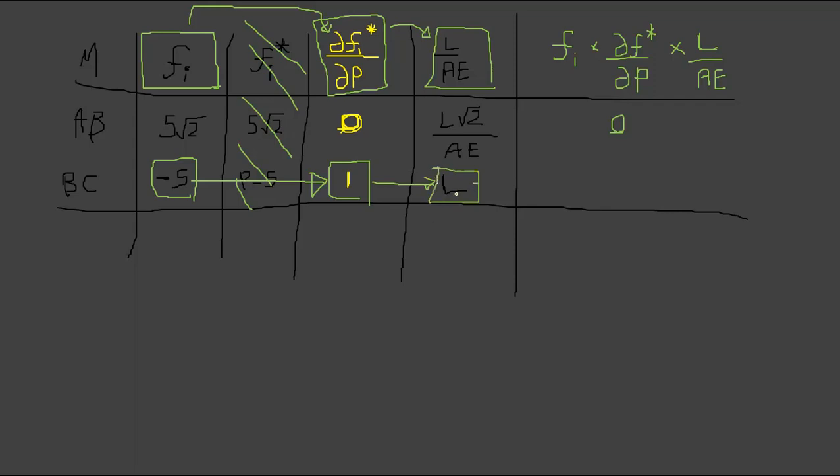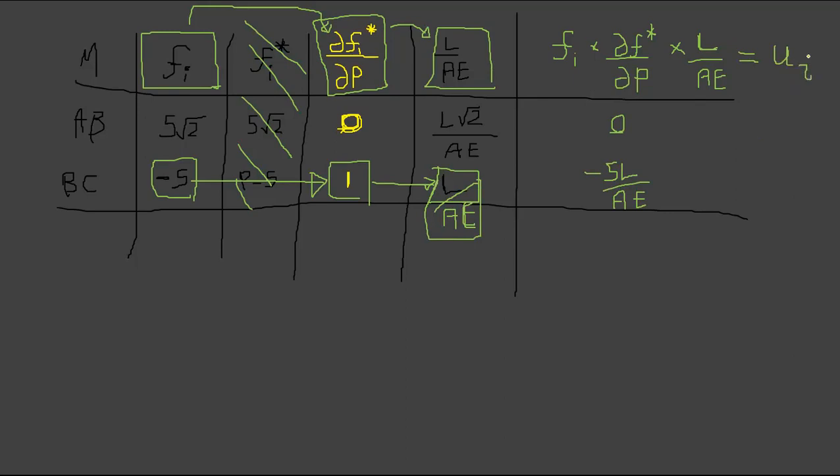So this is L over AE. So that's going to be minus 5L over AE, when this is U actually, right?